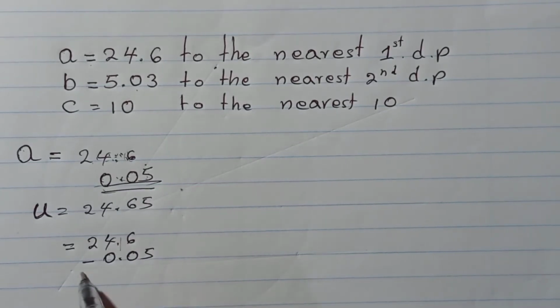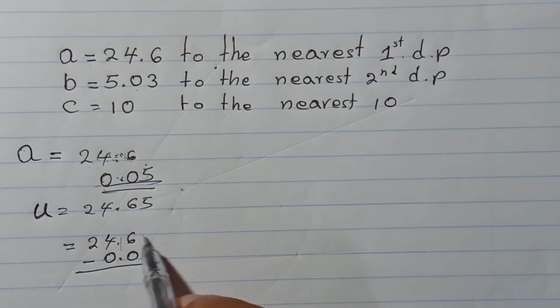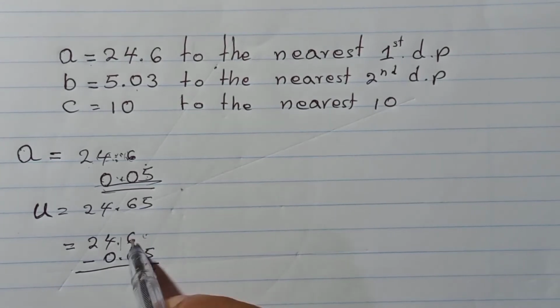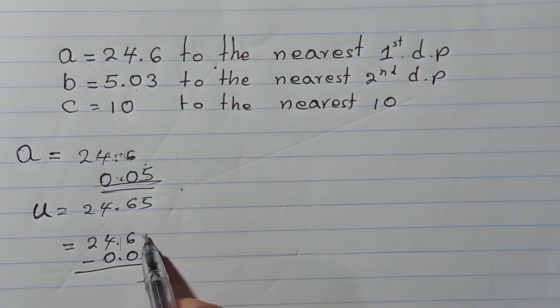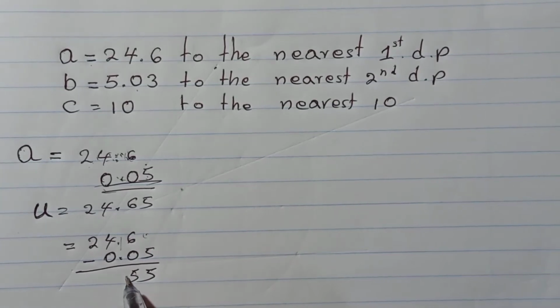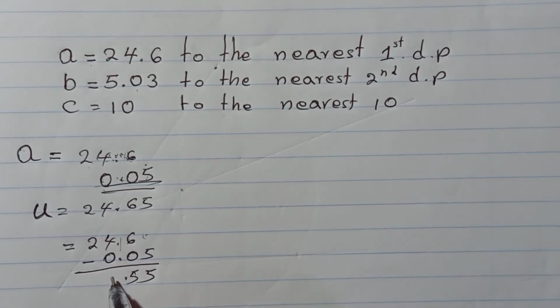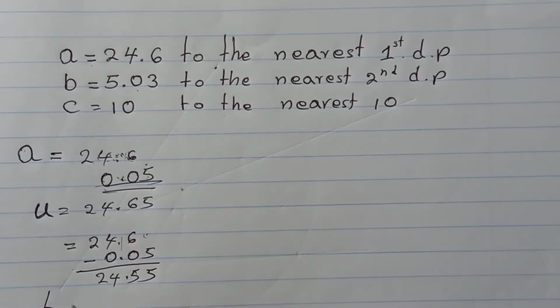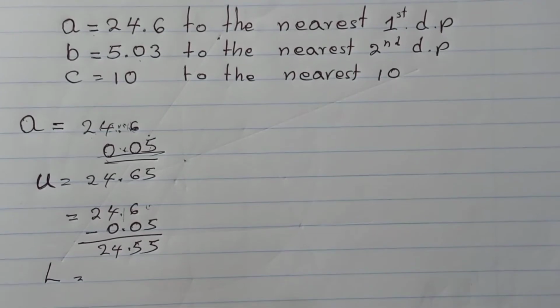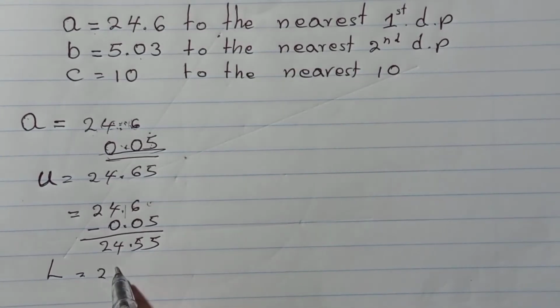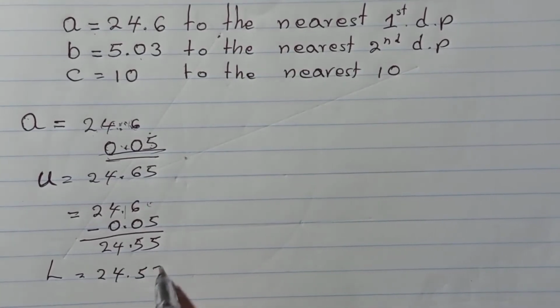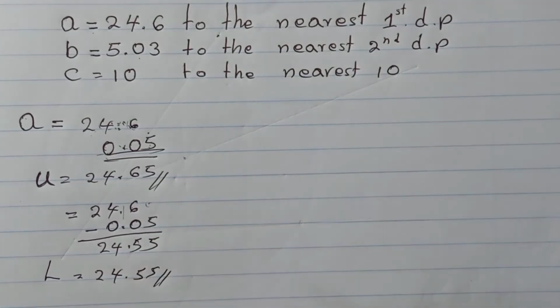When you subtract, I need to bring 1 here, and 10 subtract 5 is 5, so that's why here 5, then here 4, and 24. The lower bound will be 24.55. That's the lower bound, and this is the upper bound.